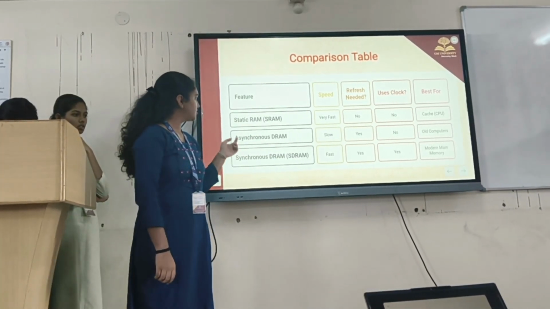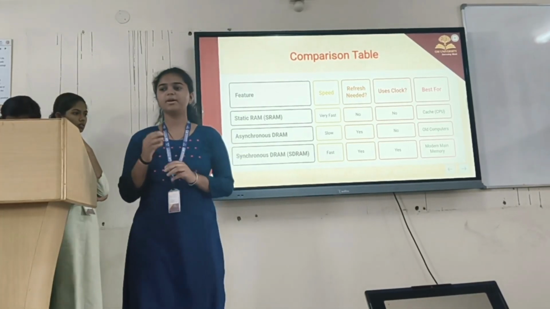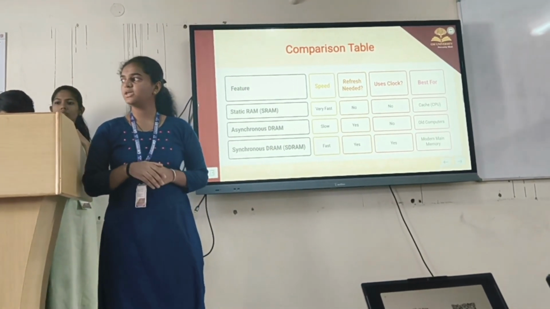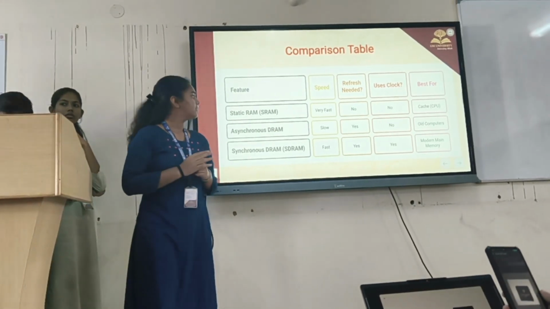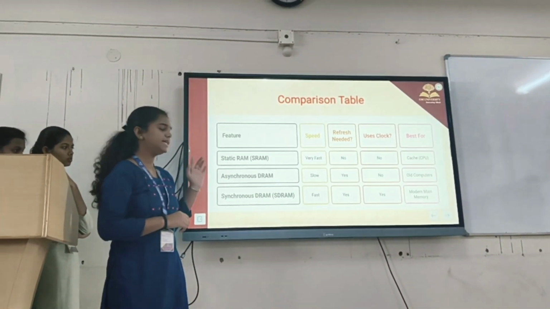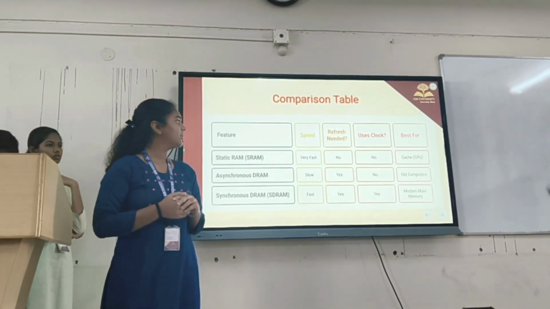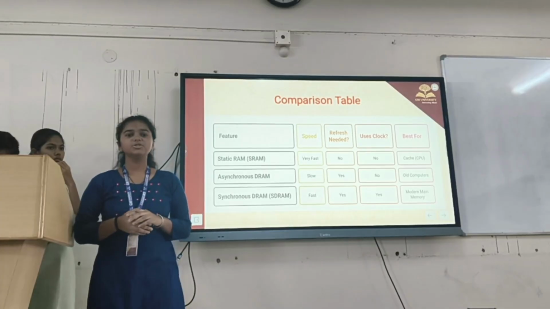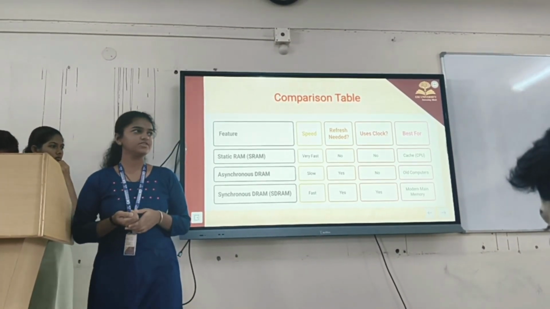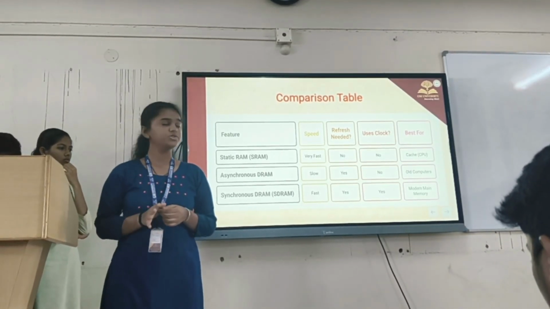In the case of asynchronous DRAM, the speed is low because there is no synchronization between the memory and the CPU. For that reason, the speed of the data sending by the memory to the CPU is very low. Refreshment is needed in DRAM because we use capacitors to store the data. The capacitor stores the data in the form of charges. Frequent discharging will be happening, so there is a chance of losing the data.